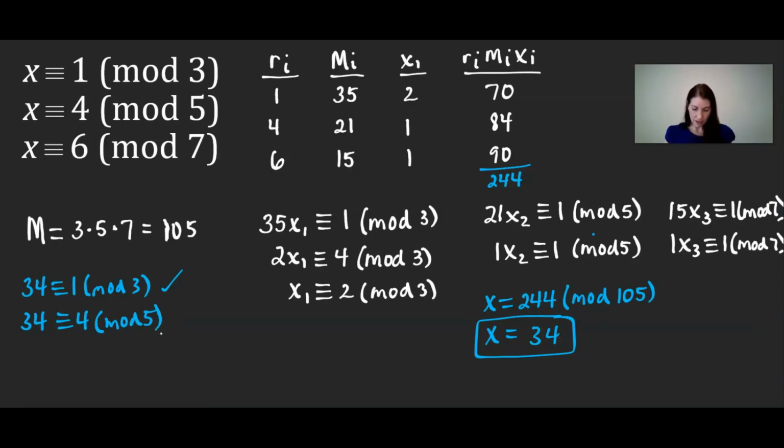It goes in, gets 30 with 4 left over. Yep, that one works. And then 34 should be congruent to 6 in mod 7. Once again, yep, that would be 28 with a remainder of 6. So it also works there. So as you can see, we did the check. 34 looks like it works.